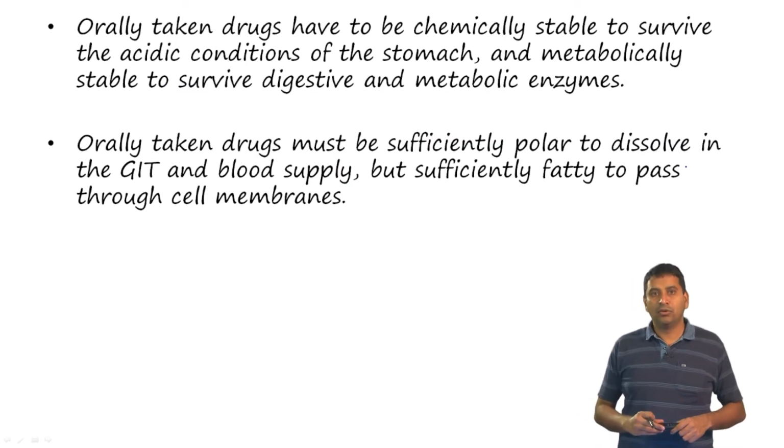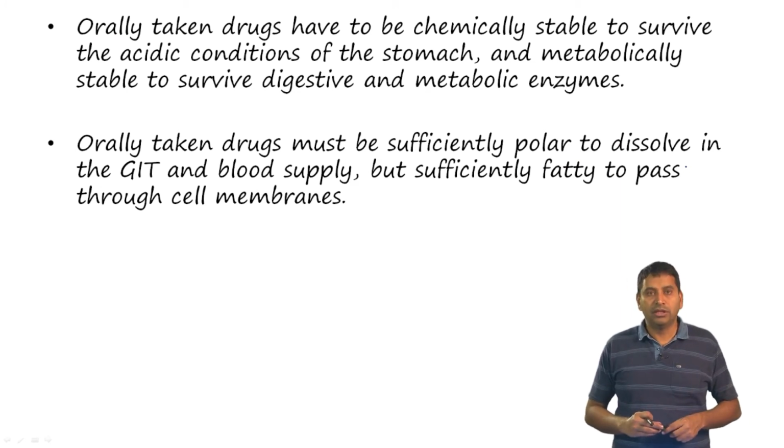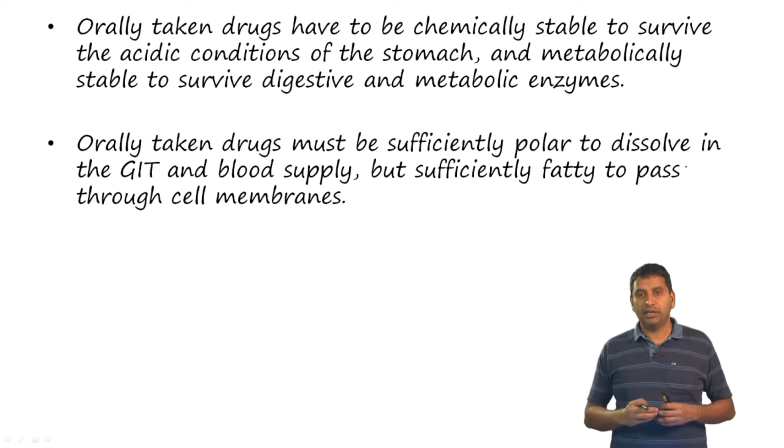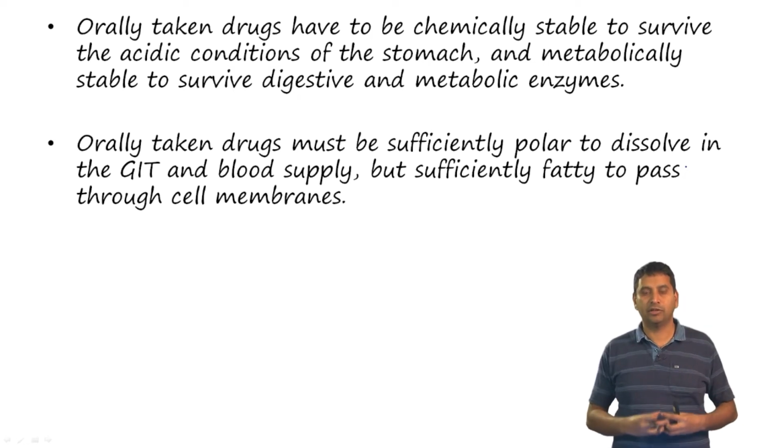We looked in the previous lecture at how orally taken drugs have to be extremely stable to survive the acidic conditions in the stomach, and also stable enough to survive the digestive and metabolic enzymes.